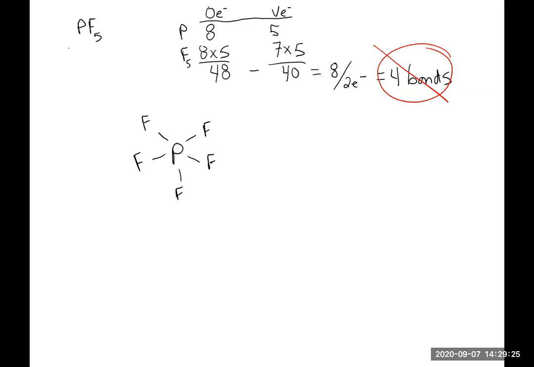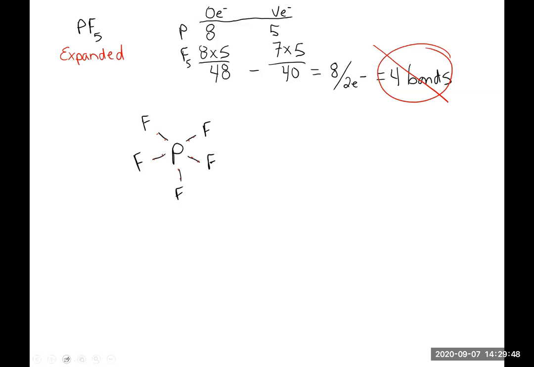And in this case, clearly we're expanded because phosphorus already has 2, 4, 6, 8, 10 electrons just in bonding to the 5 fluorines.